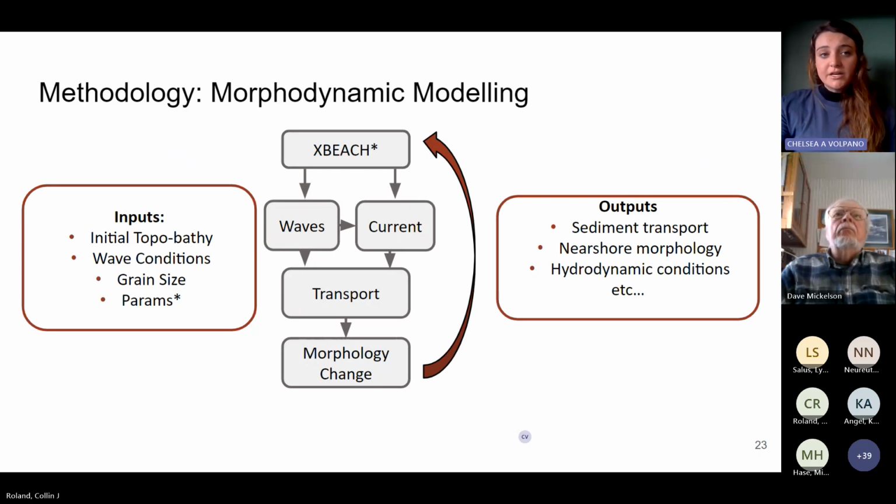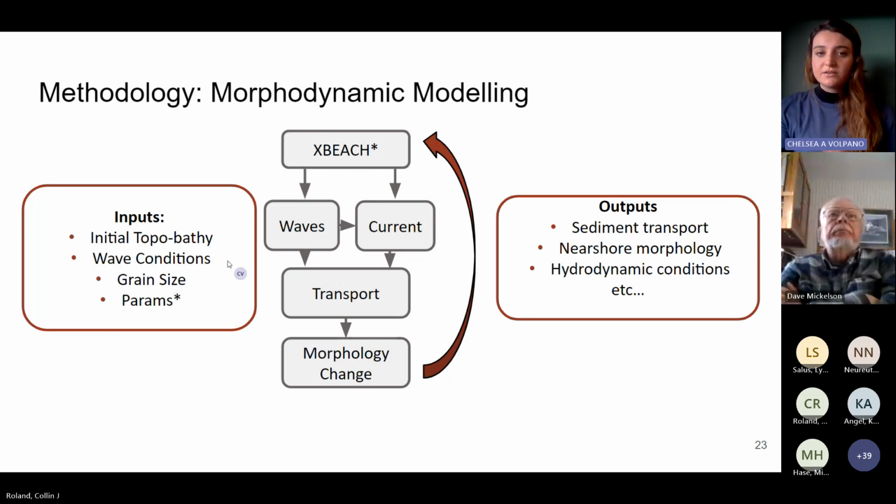My methodology here is pretty narrow. I use numerical modeling, specifically a model called XBeach. This is an industry standard model that folks use to look at the nearshore hydrodynamics and how that influences the morphology of the coastline. The setup is we input bathymetry and wave conditions.